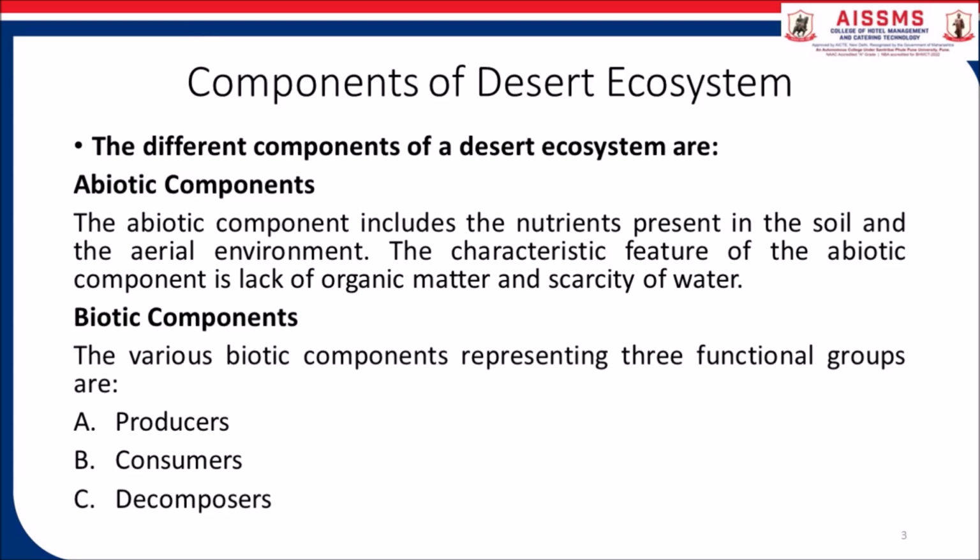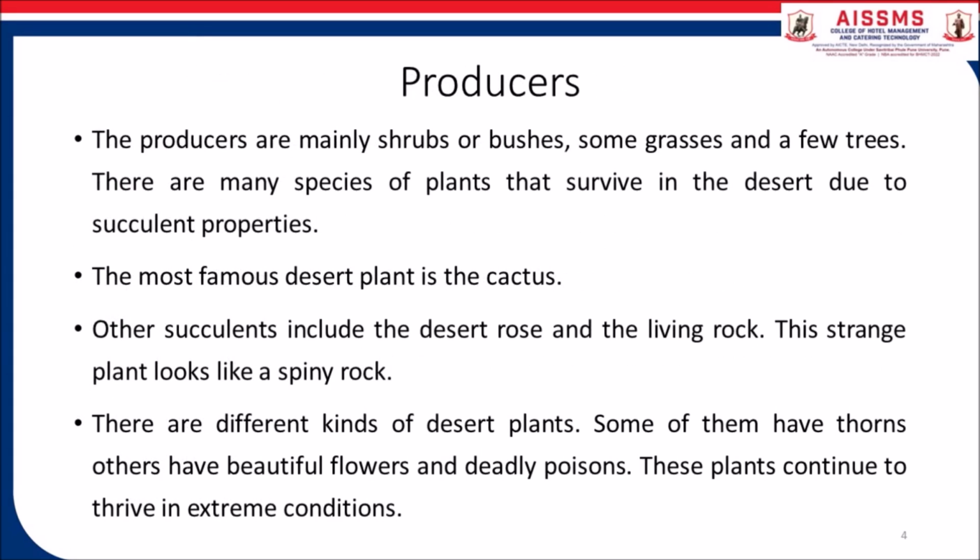First one, producers. The producers are mainly shrubs or bushes, some grasses and a few trees. Surprisingly, there are many species of plants that survive in the desert. Most of them are succulent, which means they can store water.